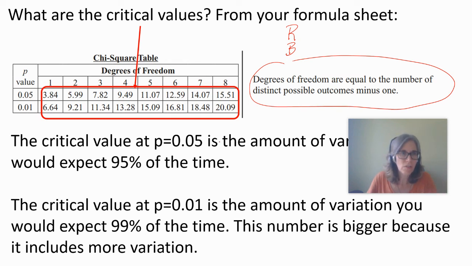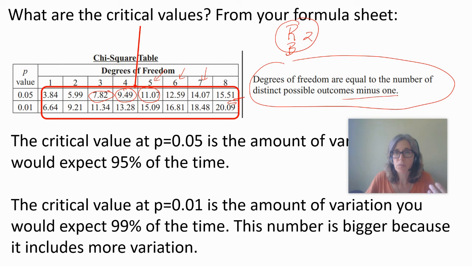So we have different critical values. These things are critical values. We're going to have different critical values based on how many different categories you have. So your degrees of freedom are equal to the number of distinct possible outcomes minus 1. We had 2 outcomes, red eyes and brown eyes.